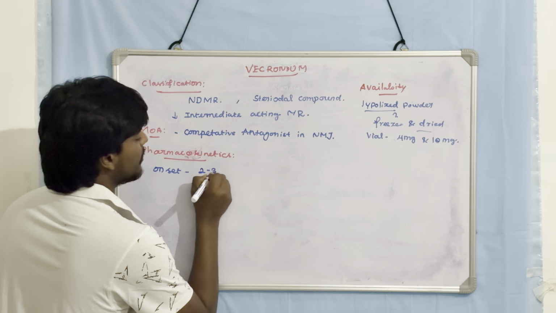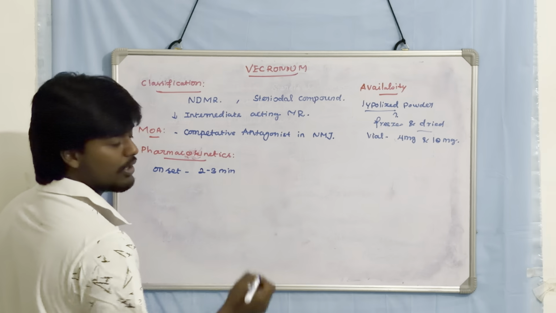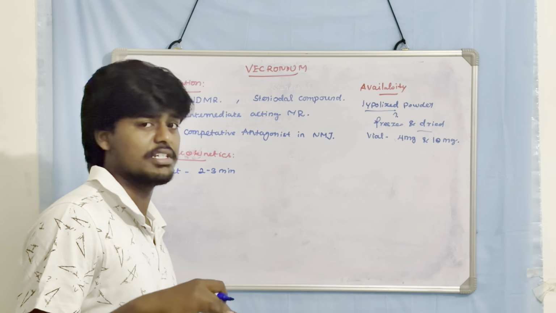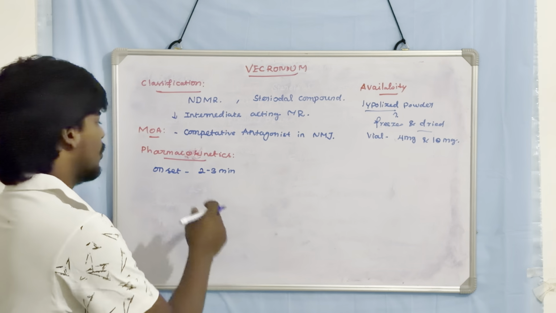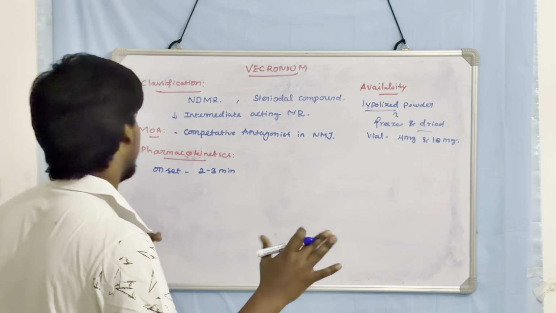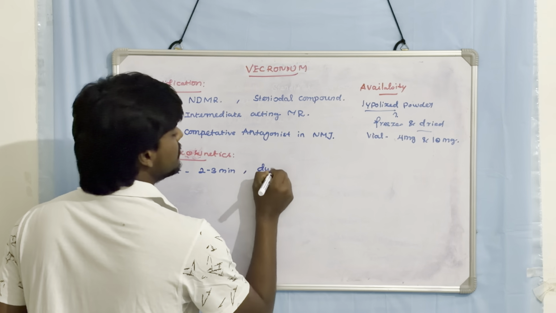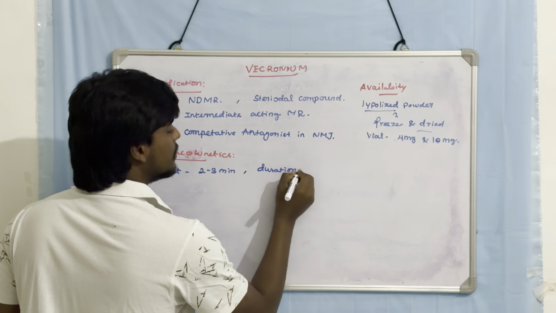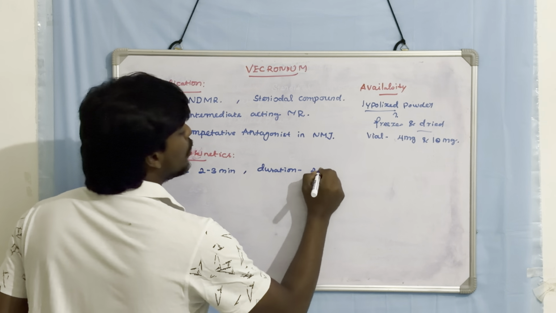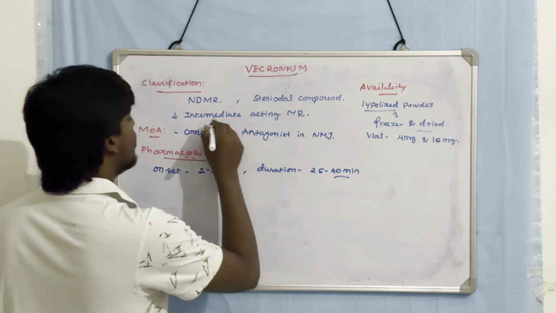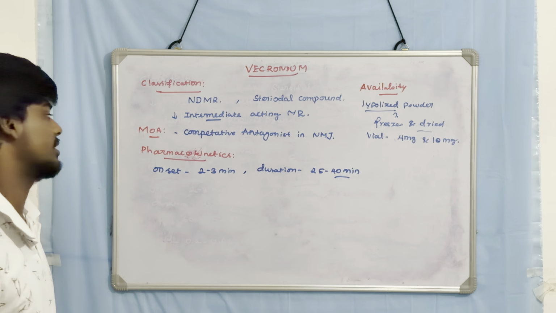That is 2 to 3 minutes. That's why when we give Atracurium or Vecuronium, after administration we wait around 2 to 3, or 3 to 4 minutes before intubation. That is our onset. And duration is around 25 to 40 minutes. That's why it is called an intermediate acting muscle relaxant.